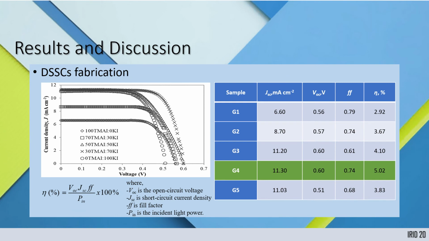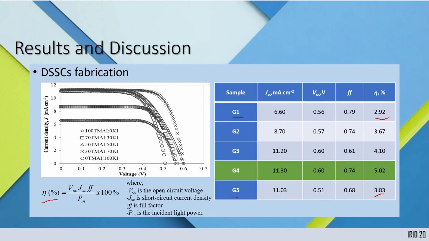In the DSSC fabrication part, you can obtain the JV curve for all different compositions of TMAI and KI salts. From the JV curve, you can find all the DSSC parameters and calculate the efficiency for all samples. From the table, you can see that the G1 sample shows the lowest efficiency, 2.92%, and G5 shows only 3.83%.